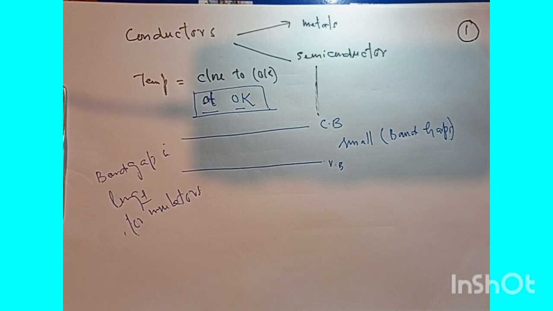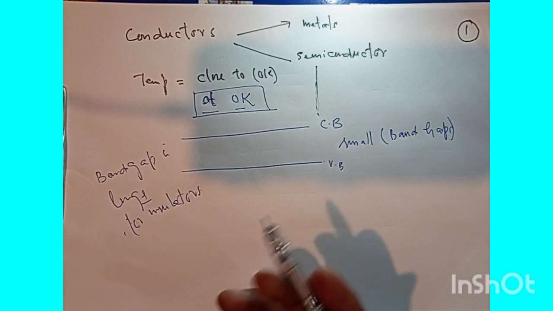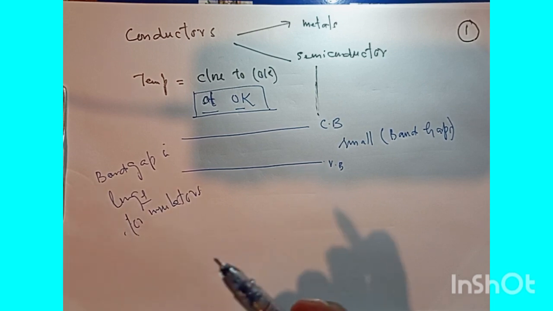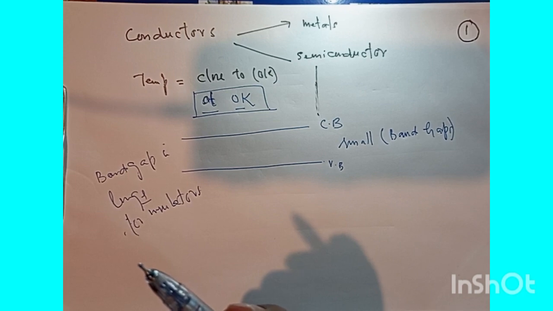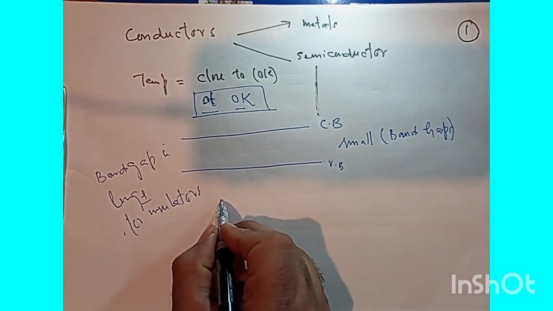On the other hand, metals differ from semiconductors in several aspects, and the most fundamental and significant difference is that metals conduct electric current by means of negative charges.